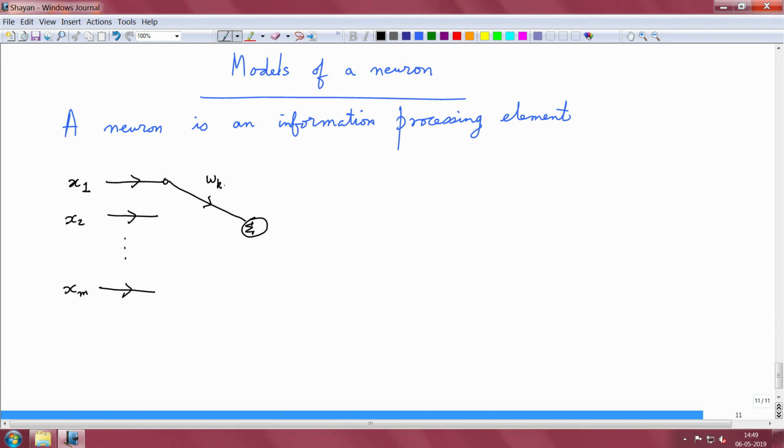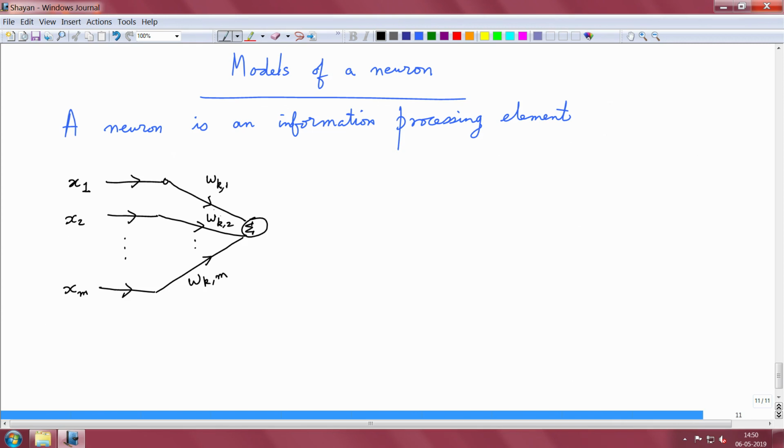So, I call them Wk1. This is the kth neuron and the signal x1 is connected to the kth neuron. Similarly this is Wk2, dot dot dot, Wkm, right.